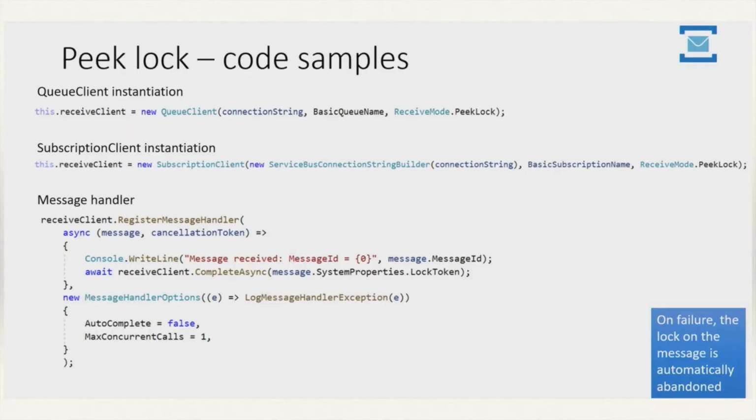So here is the sample code which you can use to peek lock your messages. As we have seen in our previous demonstration, we were creating the queue client object.